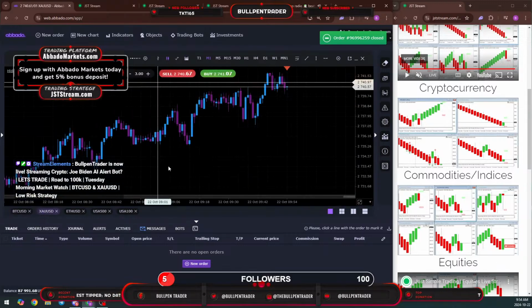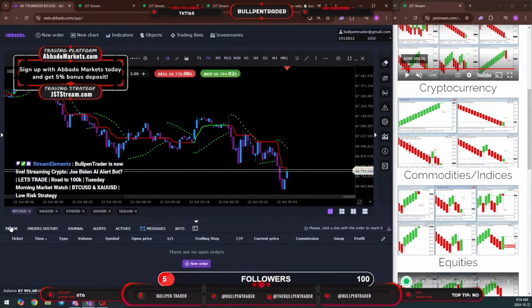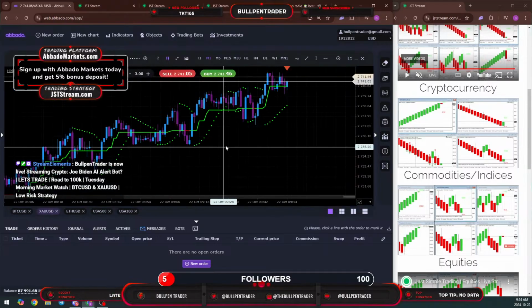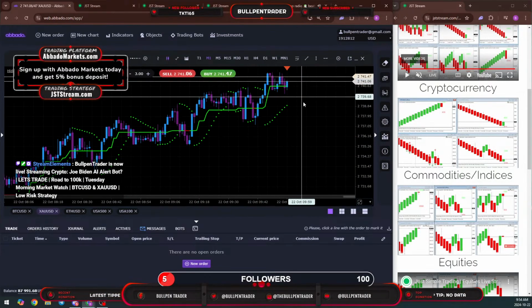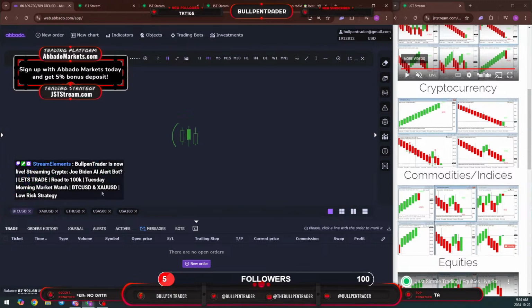Boom. All right, let's look for another entry there on Bitcoin. We're also going to be looking at gold as well to see if we can have that pullback happen before we enter into a long position.